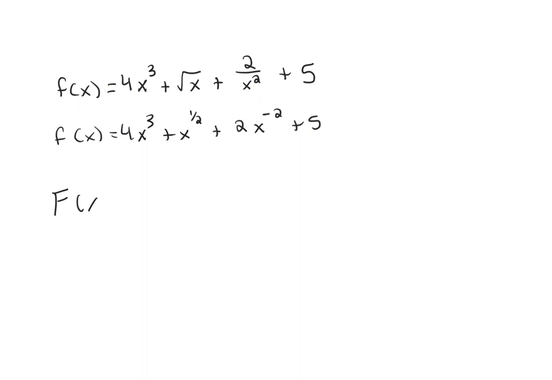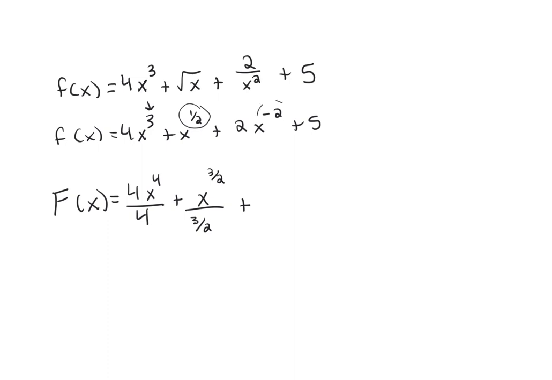And now let's use the power rule for antiderivatives. Okay, so we have to add 1 to our exponent and then divide by that. So 4x to the 4th and then divide by 4. Okay, now we have to add 1 to 1/2, so that's x to the power of 3/2, and then you divide by 3/2.